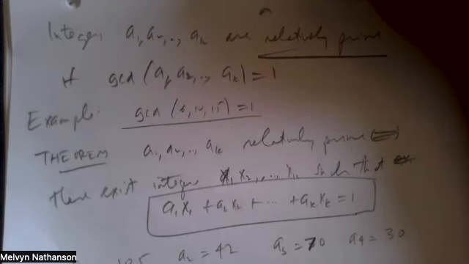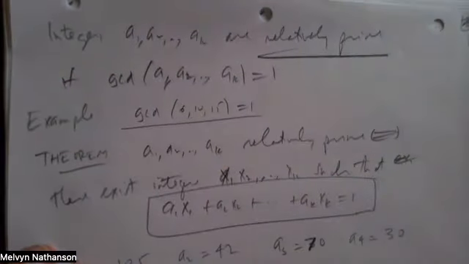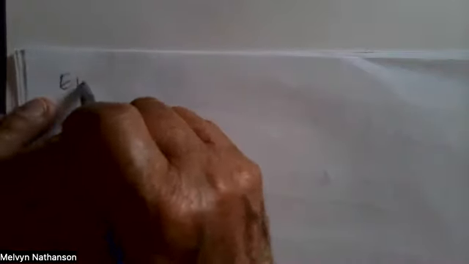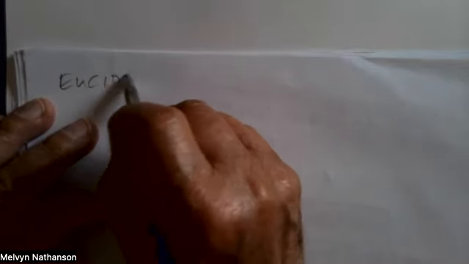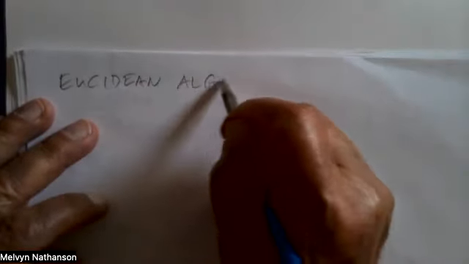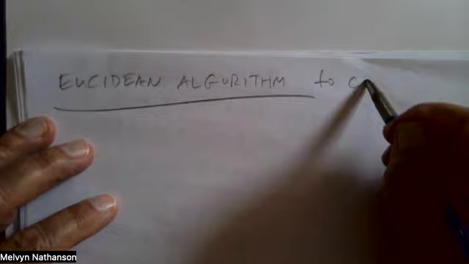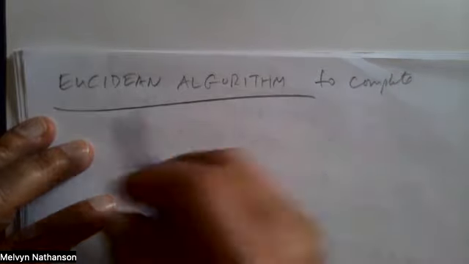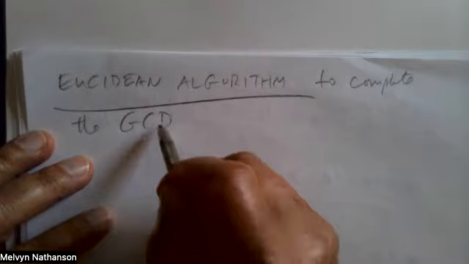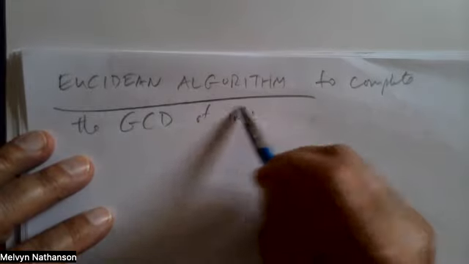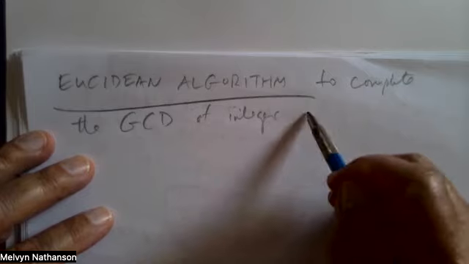So Euclid contains a lot more than geometry. There's a lot of algebra and number theory in Euclid. And I want to describe now what is called the Euclidean algorithm, to compute the greatest common divisor, the GCD, of two integers, a and b.